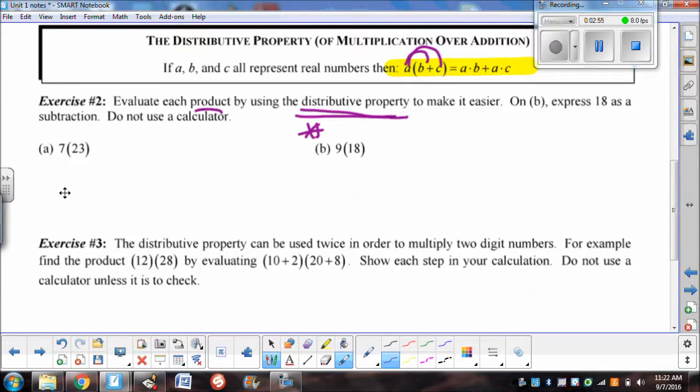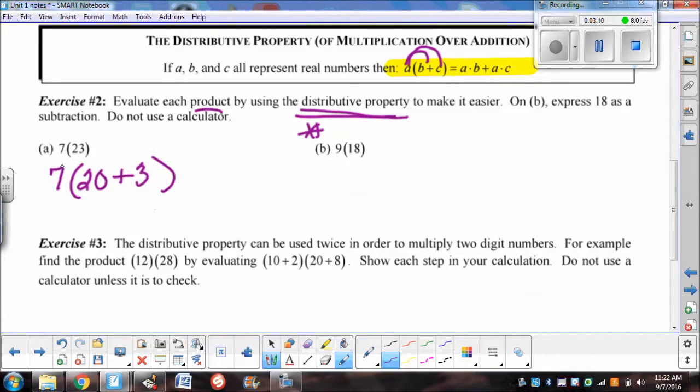If I take 7 times 23 and think about the distributive property, I could think of it like this: 7 times (20 plus 3), because 20 and 3 give me 23.